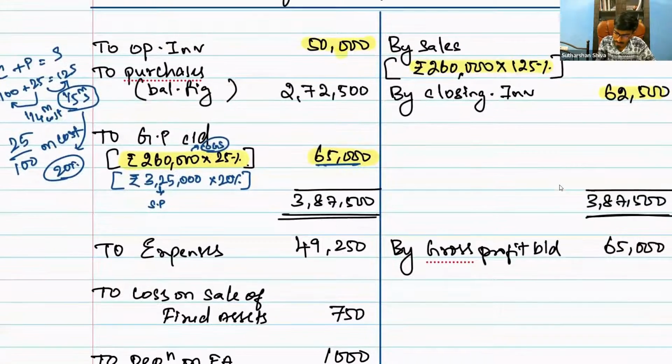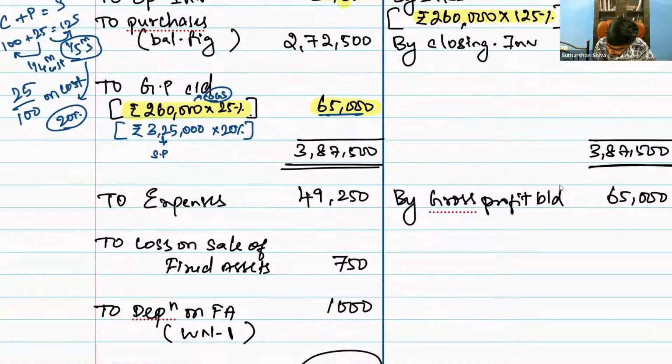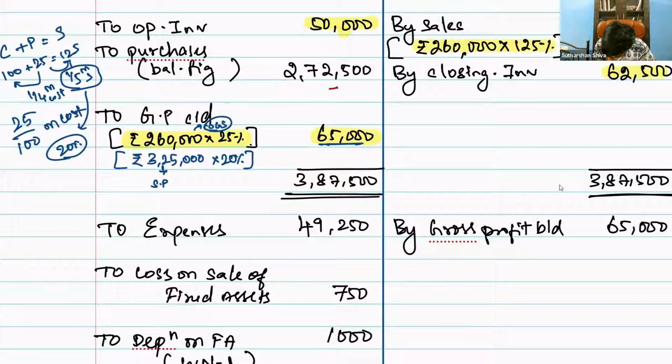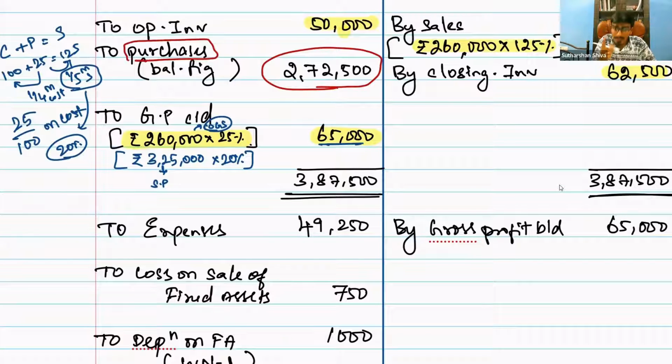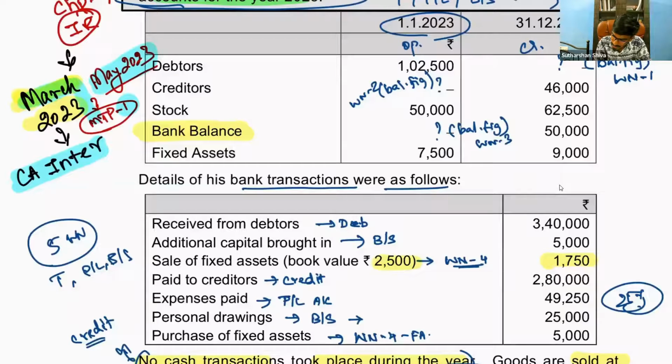Next, closing inventory. In that question, you will arrive at the purchases balancing figure value. Not by preparing your creditors account, you will get the purchases by preparing a trading account. Why? I will tell you. Because in creditors, the closing value is already given.